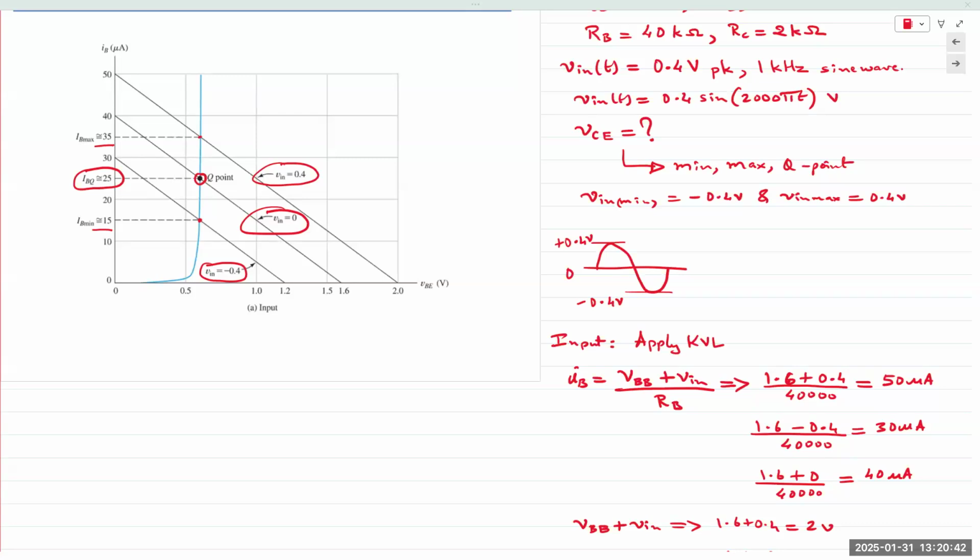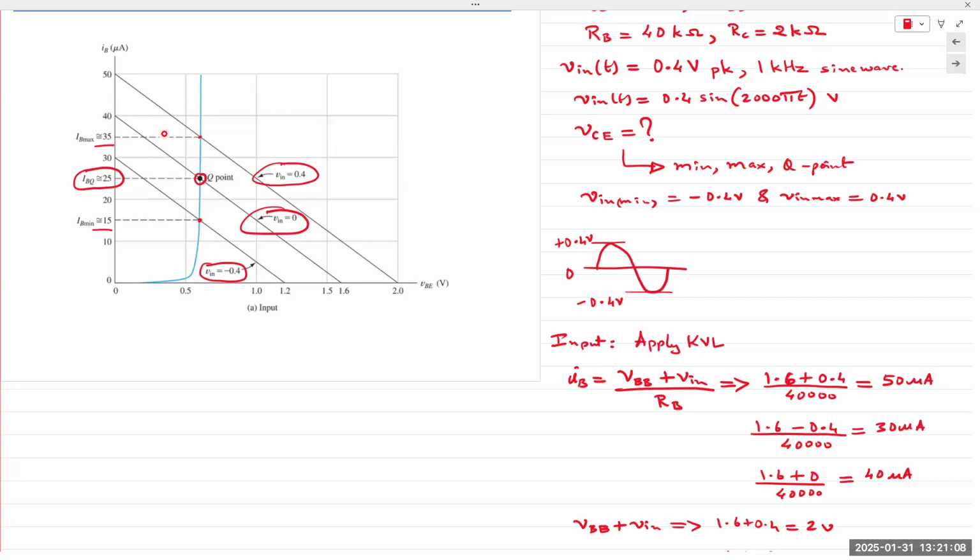We want to plot a load line, so we plotted a load line. But now V in, instead of just being 0, also goes to plus 0.4 and minus 0.4. So now we have 2 additional load lines for a total of 3. Okay, so our input is changing like this.